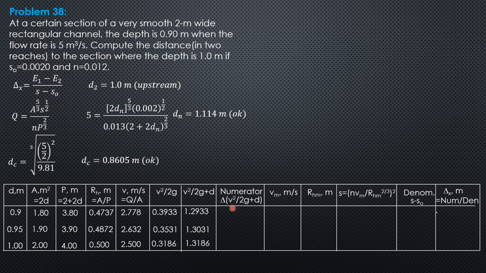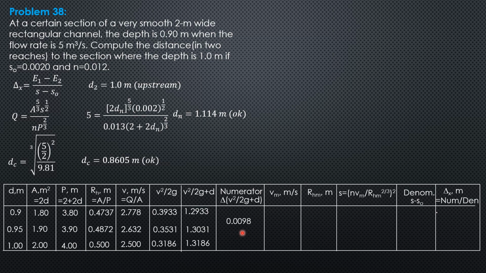So the numerator is simply, this is section 2, that is section 1. For this pair of depths also, this is section 2, that's section 1. So therefore, 1.3031 minus 1.2933, because this is section 2 minus section 1. Or, sorry, section 1 minus section 2.